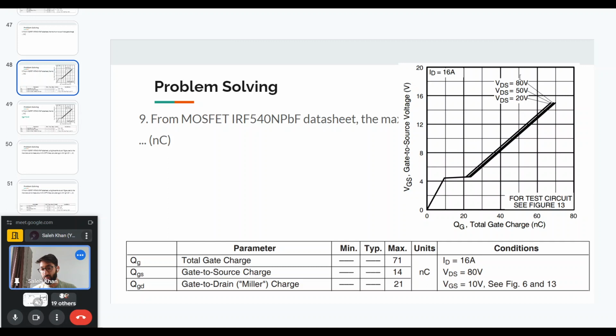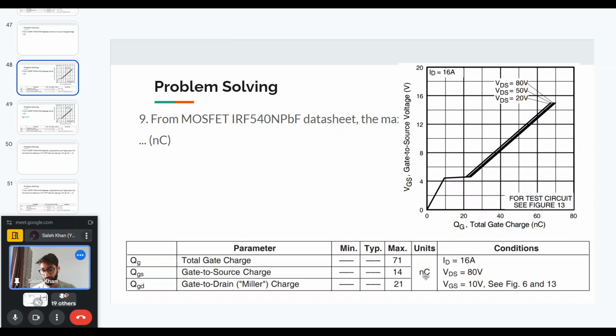The total charge that has to be provided is called the gate charge. The question is asking about the maximum value of this gate charge, and you can simply find that from the datasheet table. The total gate charge and the maximum value that it has is 71 nanocoulomb.